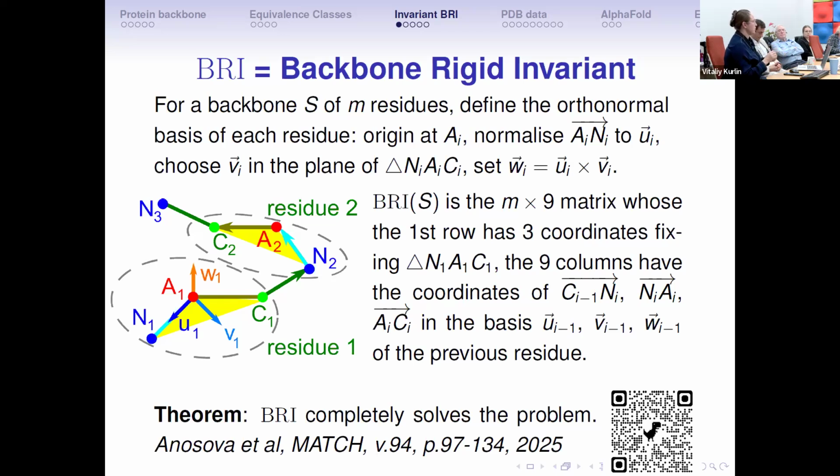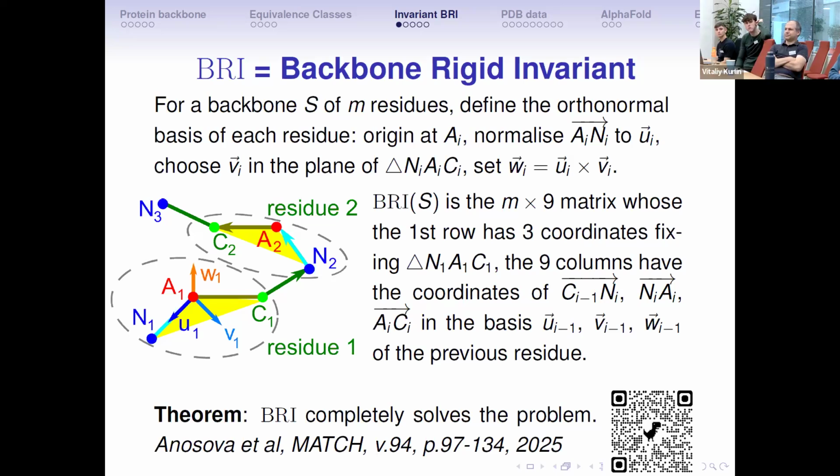And the same process is repeated again and again, from one residue to the next residue, till the next residue. As a result, we will have an M times 9 matrix. M is the number of residues, why 9? Three things, the three coordinates. Absolutely.